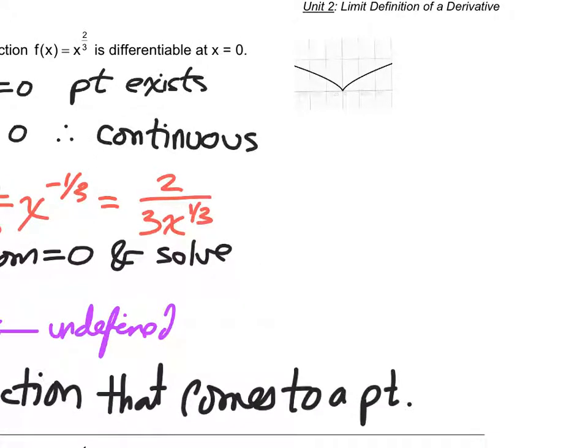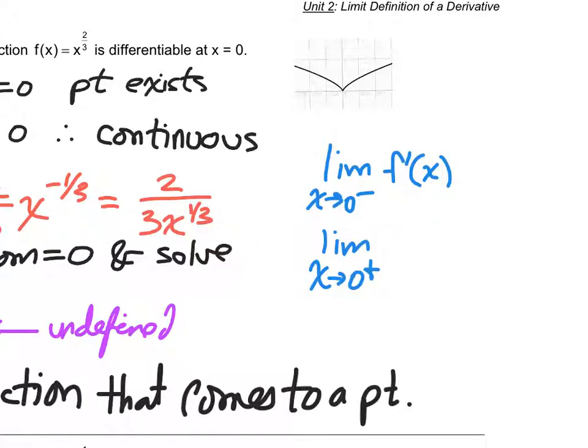I'm sure somebody else calls it this, but I'll say what I call the ruler test. So the limit as x approaches 0 from the left of my derivative, and the limit as x approaches 0 from the right also of the derivative.